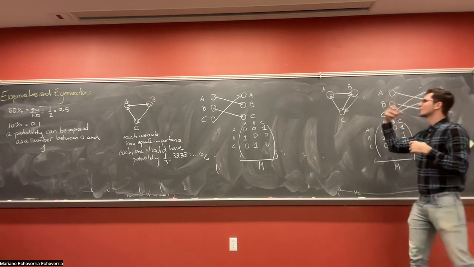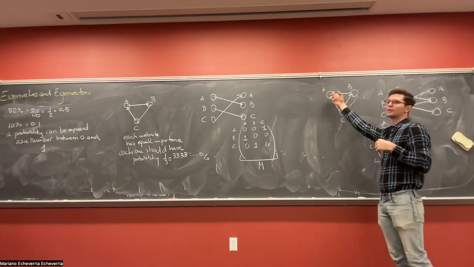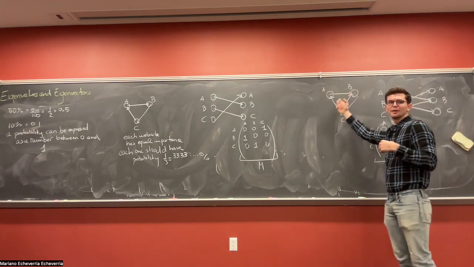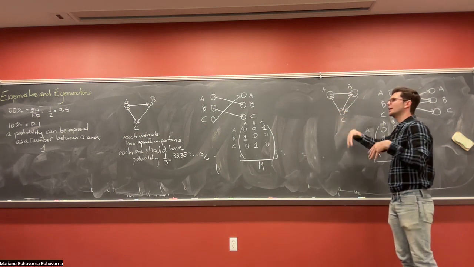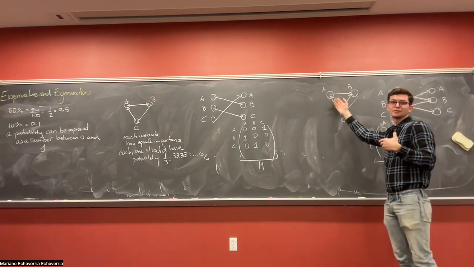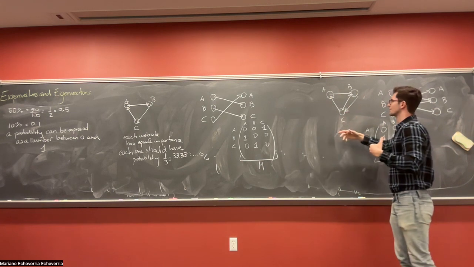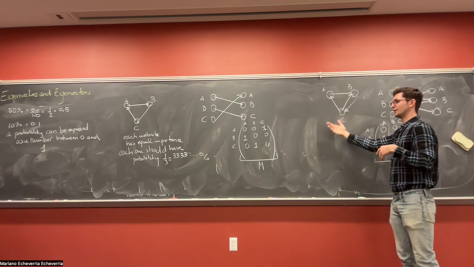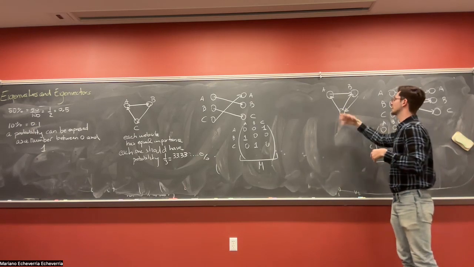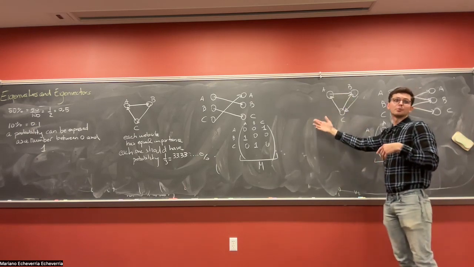You could ask, what's the probability that you're on A, or on B, or on C? Or another way to ask this is, what fraction of your time would you spend on each of them? Or another way to ask it, which is more in the spirit of how this Google thing would work, is how would you rank these websites in importance, right?